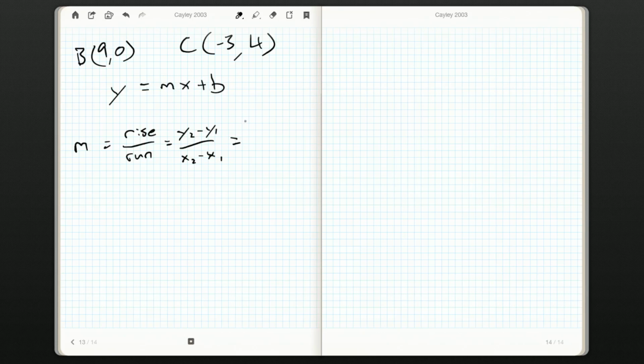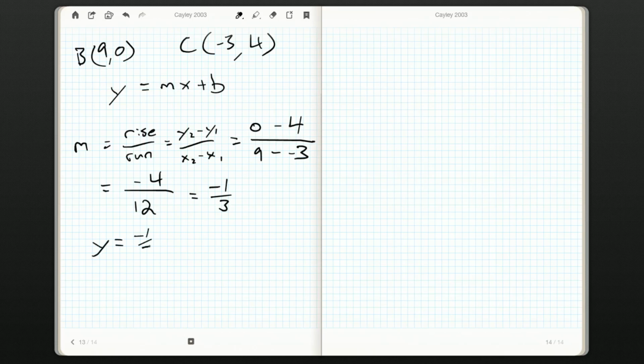So I'm going to let B be the first point I use, so 0 for the y-coordinate and 9 for the x-coordinate. And then we subtract off the y-coordinate of C and the x-coordinate of C. So this becomes negative 4 on top. 9 minus negative 3 is the same as 9 plus 3, and that's 12. So it looks like m is negative 1/3.